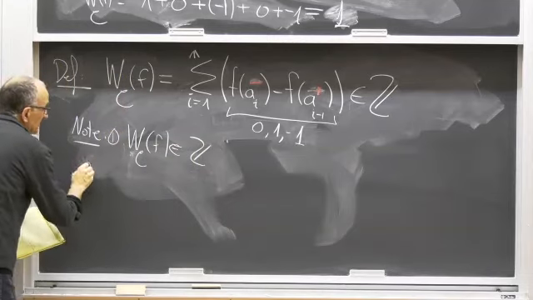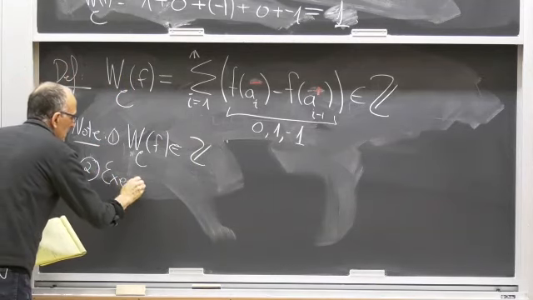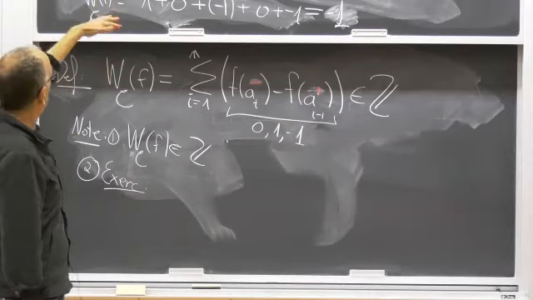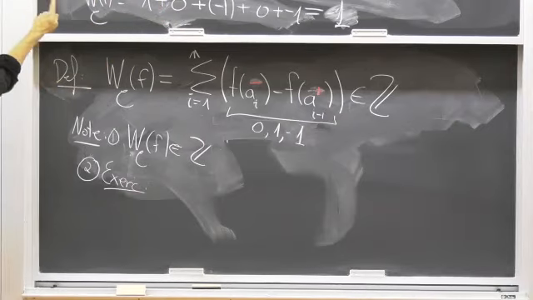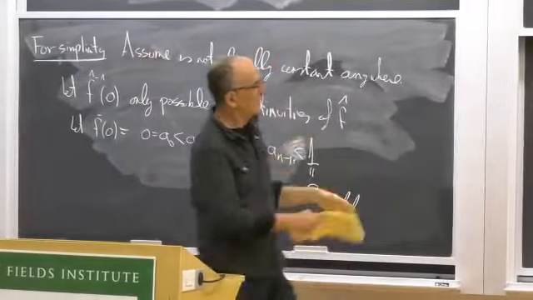Now there is something, it's an exercise. This whole process that I described here is uniformly definable. So if you have a definable family of functions, you can do it for each one. There is a bound on the number of zeros.